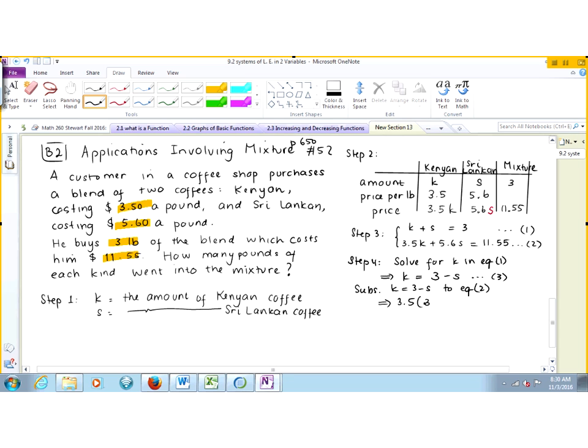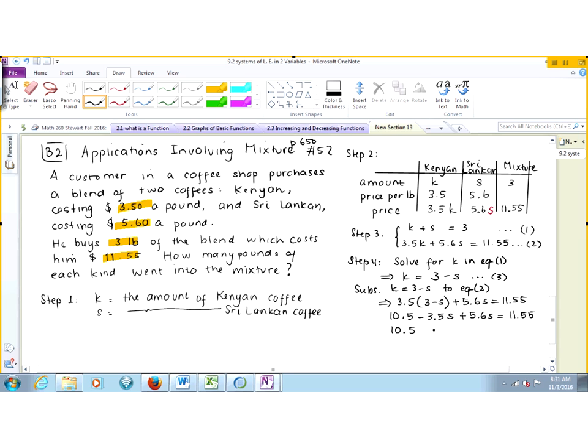When you substitute, we have 3.5 times (3 minus S) plus 5.6S is 11.55. So 3.5 times 3 is 10.5, minus 3.5S plus 5.6S is 11.55.